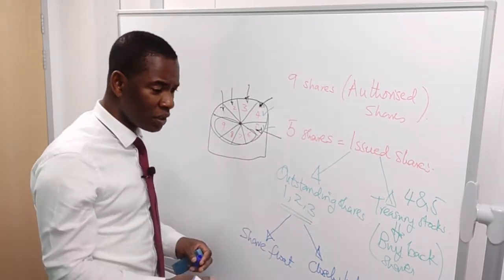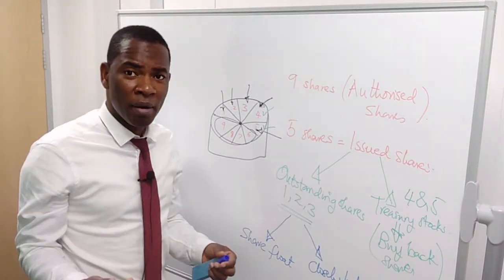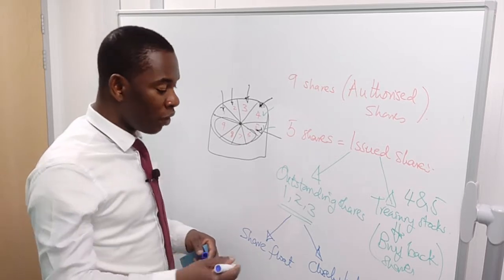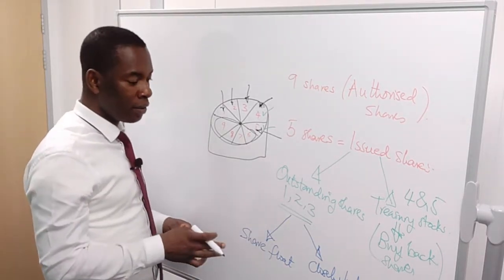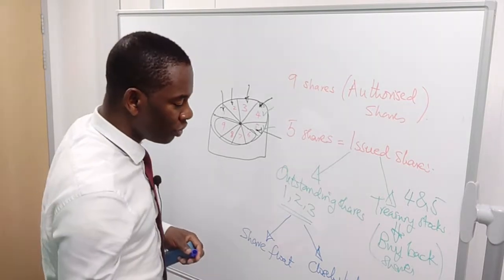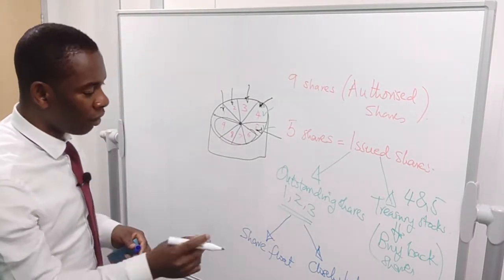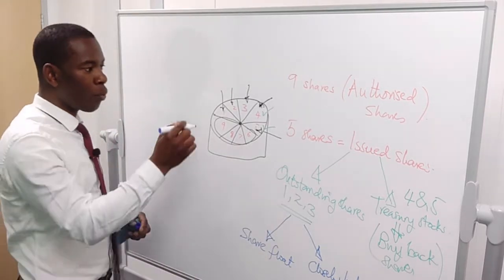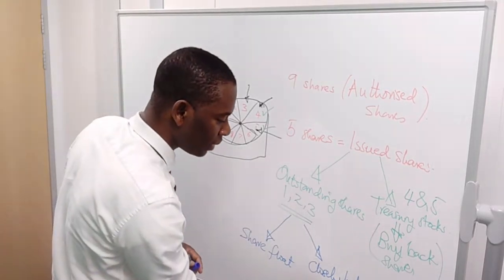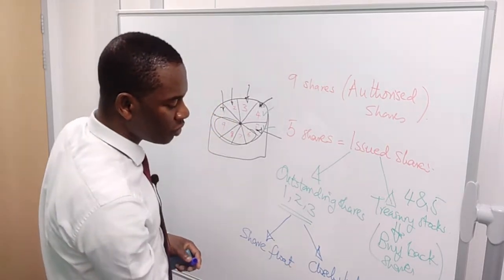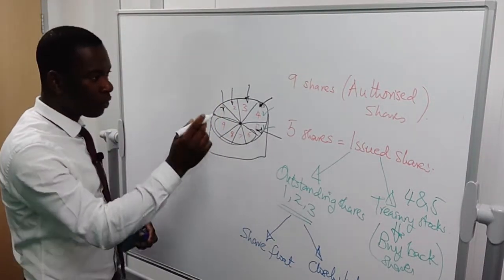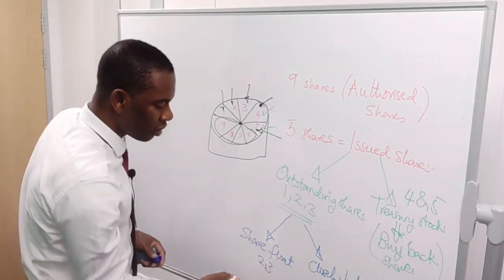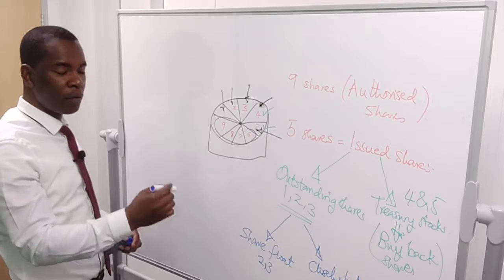These are the ones held by the founders and those people who have not listed their shares for public trading. So let's say out of the remaining 1, 2, 3, 1 is closely held, and then 2, 3 are the share float.